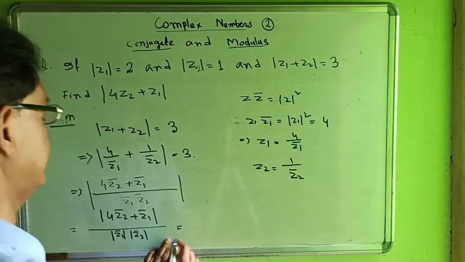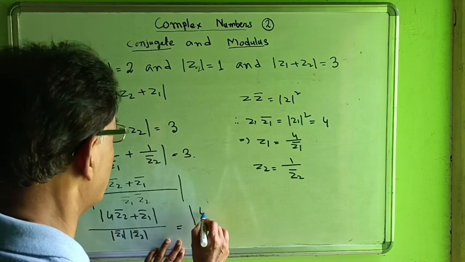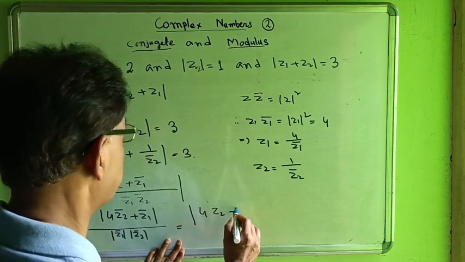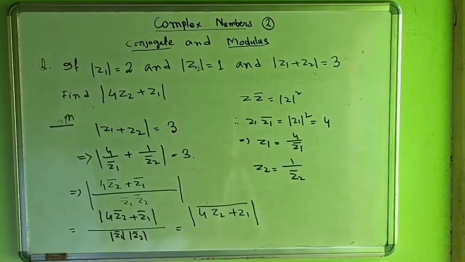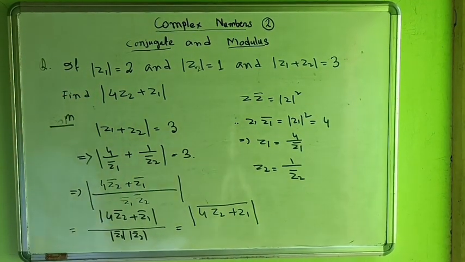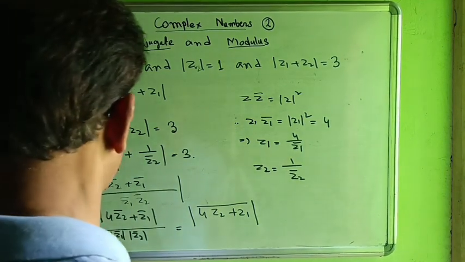You can write down this as mod of 4 Z2 plus Z1 whole bar, by Z1 plus Z2 whole bar equal to Z1 bar plus Z2 bar.